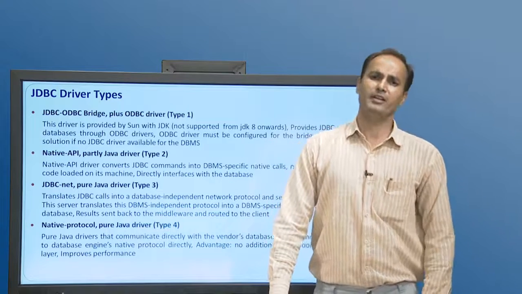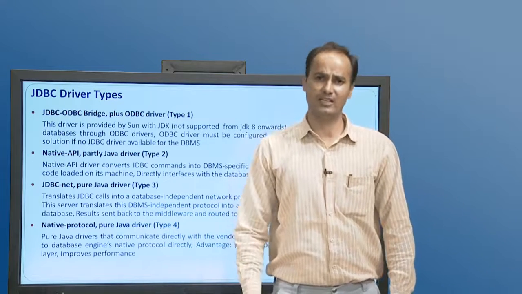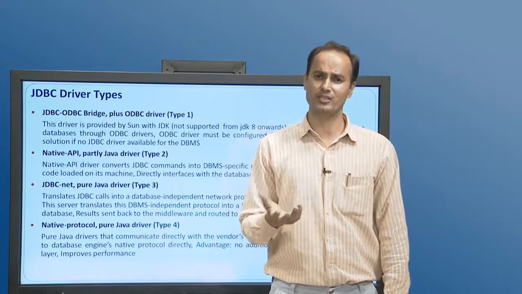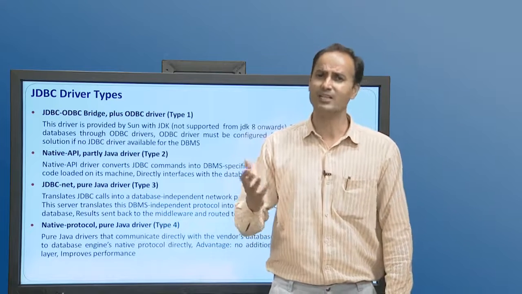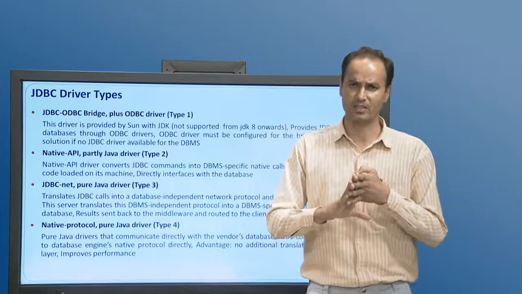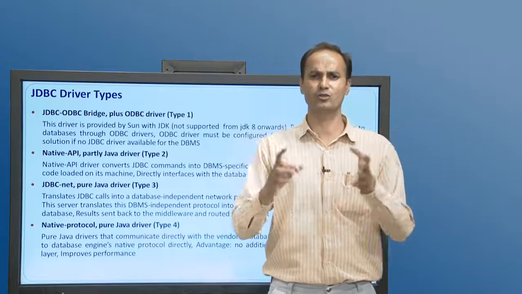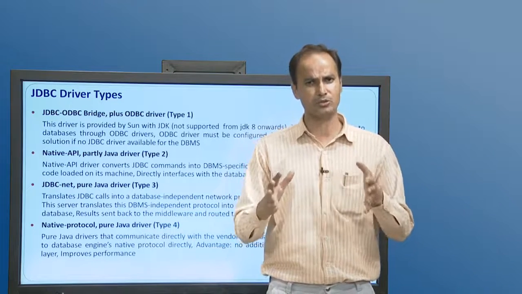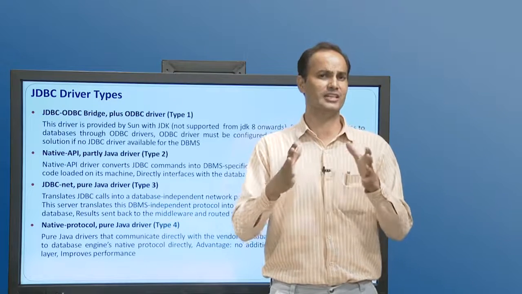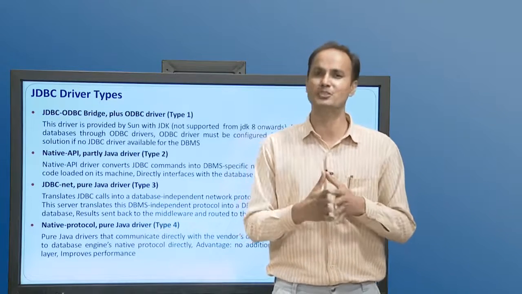Now when we are talking about JDBC, the question arises: what kind of drivers can we use to establish connections with the underlying database? Generally JDBC drivers come in four flavors, known as type 1, type 2, type 3 and type 4. What is a type 1 driver? Type 1 drivers are known as the JDBC-ODBC bridge.